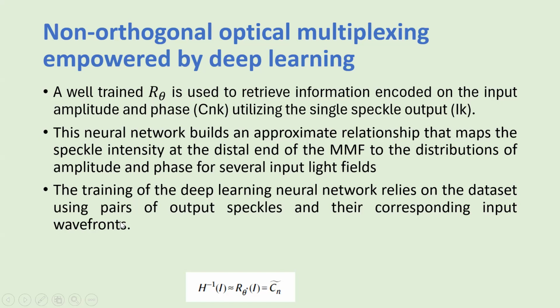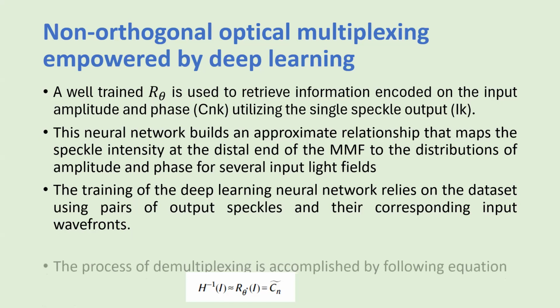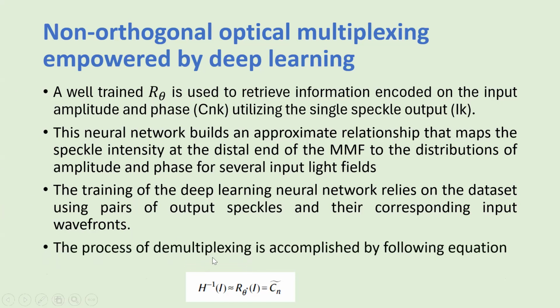So this statement shows the mapping. The training of the deep learning neural network relies on the data set using pairs of output speckles with their corresponding input wavefronts. Now, this expression here is the demultiplexing expression.